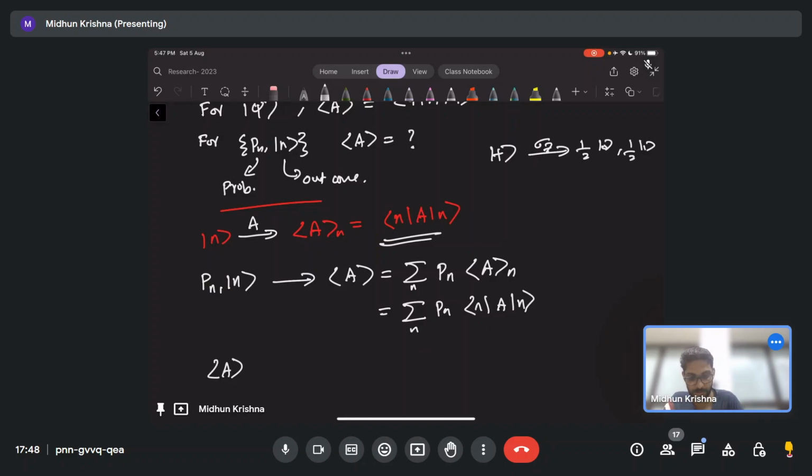Let me use colors. This n and k in the product would be the inner product n k, this and this together will give me k A k prime, and this with this will give me k prime n. Is that okay? So these are numbers. I can expand this average in this form.